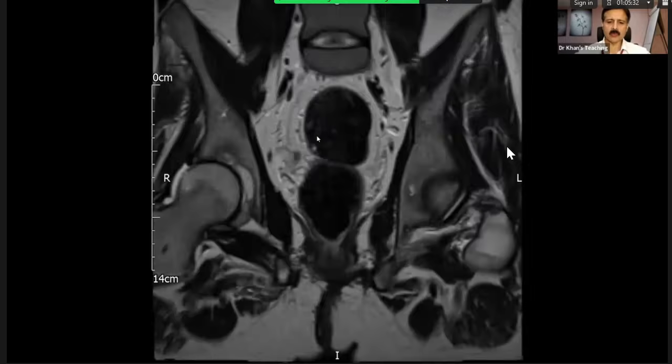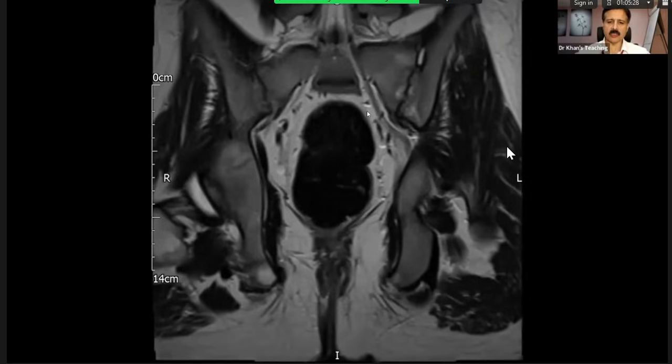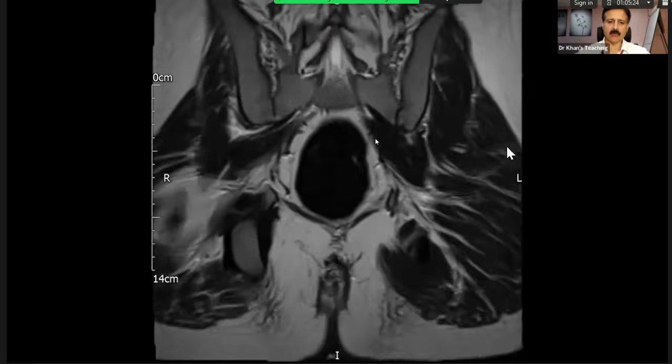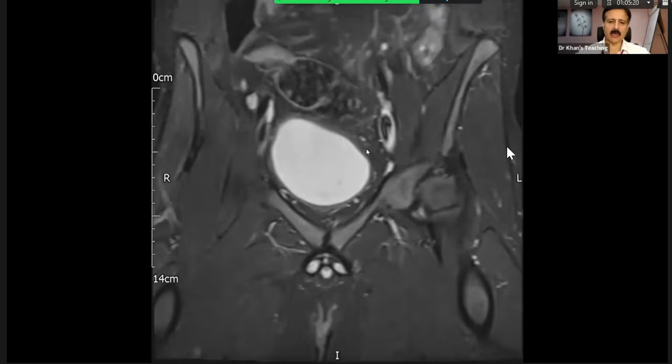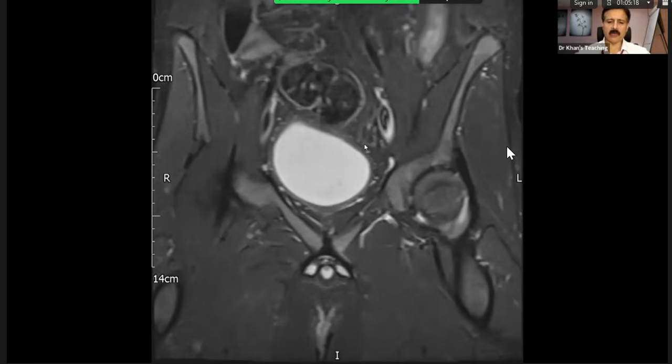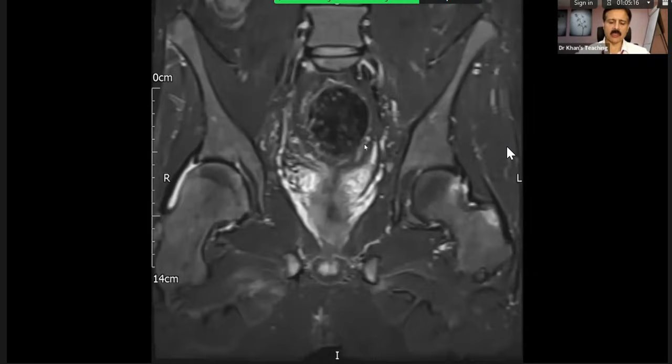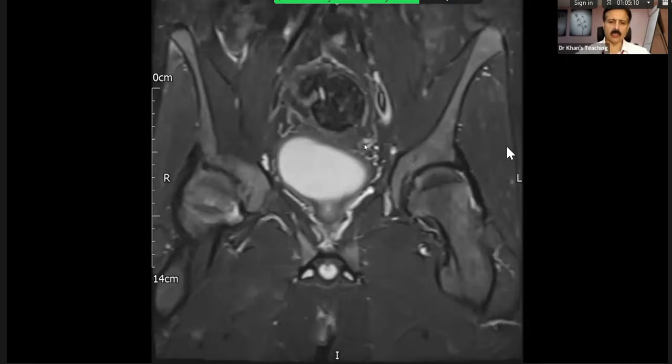Now, this sequence, the T2 weighted sequence, is not a very sensitive sequence to pick up bone marrow edema, though, because the finding was quite emphatic, we could see something happening. Now, for seronegative arthropathy, the key sequences are T1 and STIR. So once you know it, there is no harm in using this word STIR.